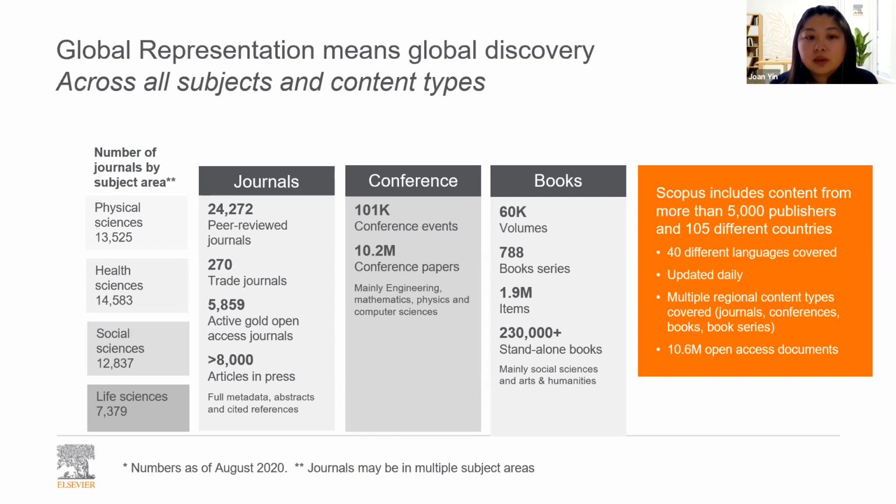So currently we have around 24,000 peer-reviewed journals. Among these journals, there are around 300 trade journals and around 6,000 active gold open access journals. And we also cover around 10 million conference papers. Book chapters and book series are also included in Scopus.